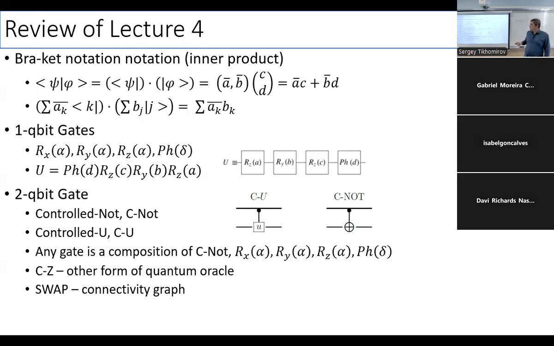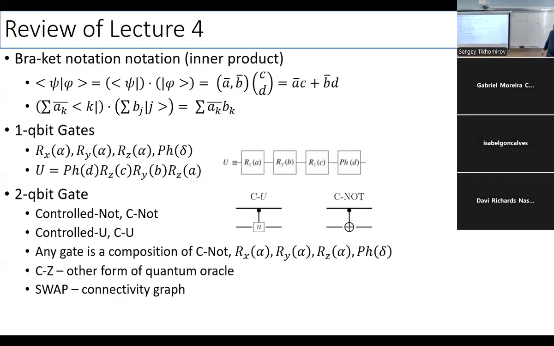After this, I considered the generalizations, because you can do this not with controlled NOT but controlled U, with a difference in which operator you apply. I also postulated the fact that any gate can be a composition of controlled NOT, so controlled NOT is enough, and rotations.